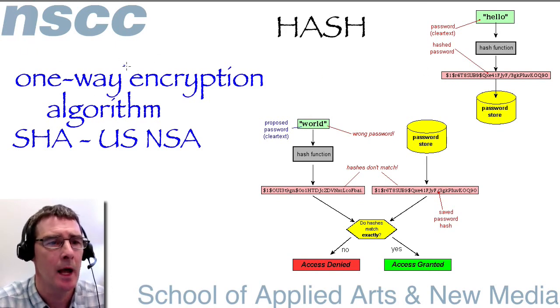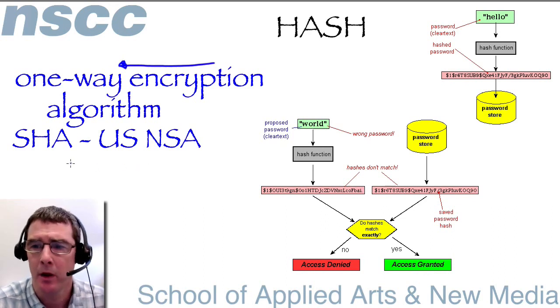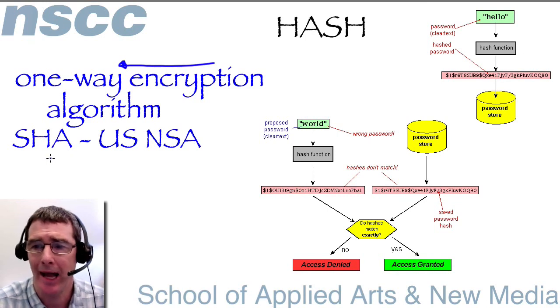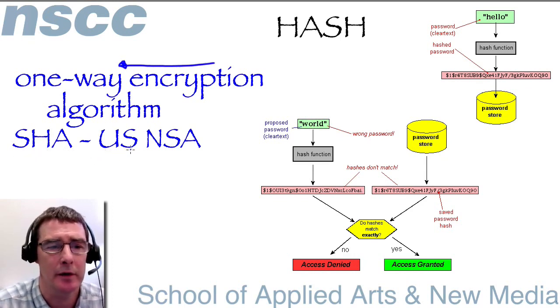A hash is a one-way encryption algorithm designed to only encrypt things in one direction. Probably the most widely used hash system is called SHA, for Secure Hash Algorithm, and it's used by the United States National Security Agency.